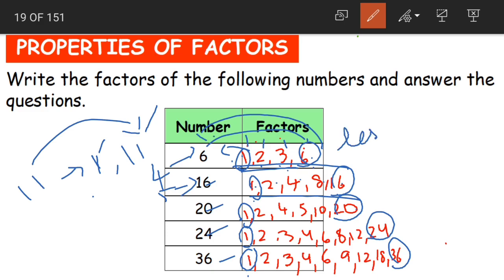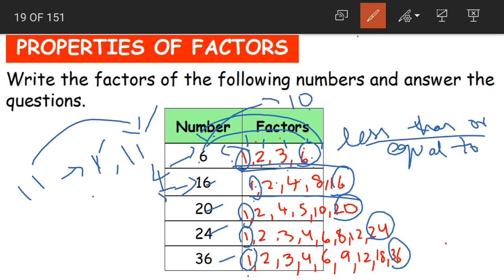So every factor is less than or equal to the given number. Suppose I take the number 10, it is greater than 6. So it cannot be a factor of 6. Understood? So every factor is always less than or equal to the given number.